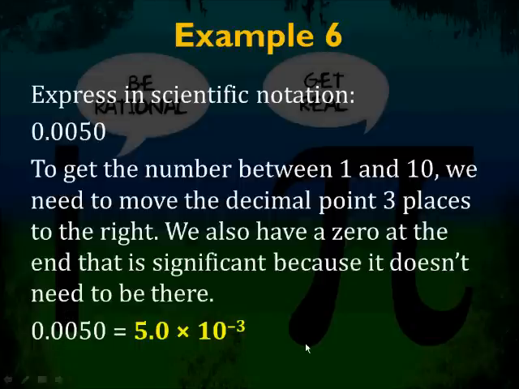That's where the connection is between significant digits and scientific notation. Your scientific notation number should have the same number of significant digits as your original decimal. So 5.0 times 10 to the negative third, you have to move it 3 spots to the right, so it's a negative exponent. Just because you have a 0 at the end, that's significant because it doesn't have to be there.